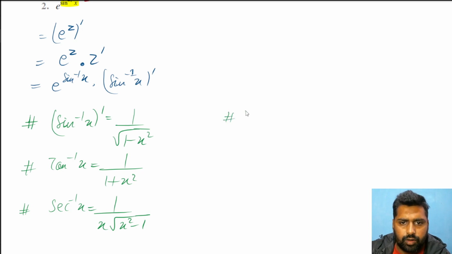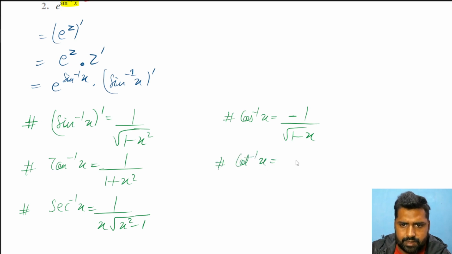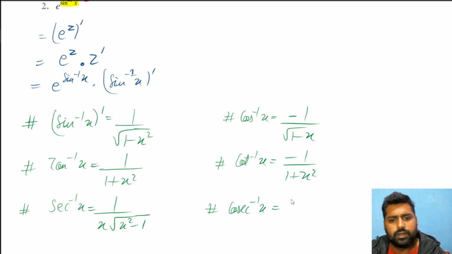Similarly, you have cos inverse x differentiation also. That's not different from these. Learn only these three because this is just negative of it. Means every single result is just negative. Cot inverse x is minus 1 upon 1 plus x square. And cosec inverse x differentiation is negative 1 upon x square root of x square minus 1.